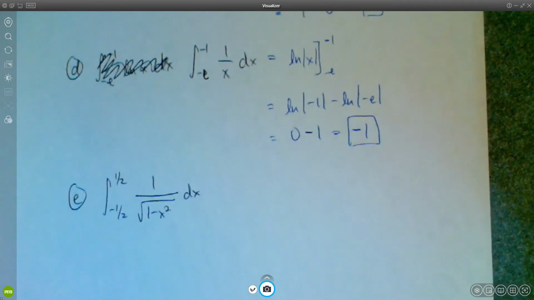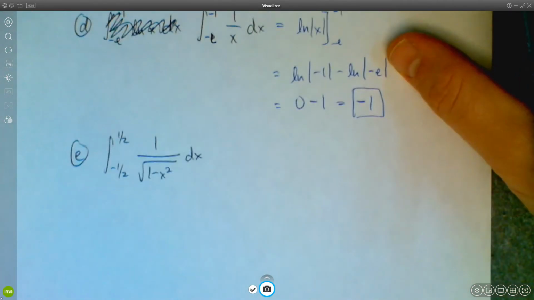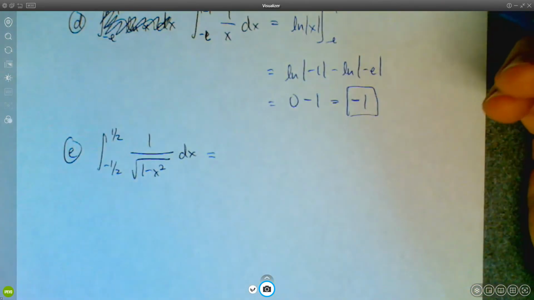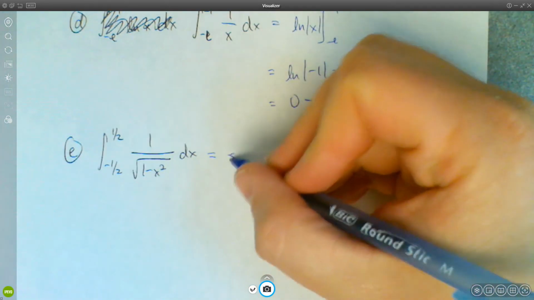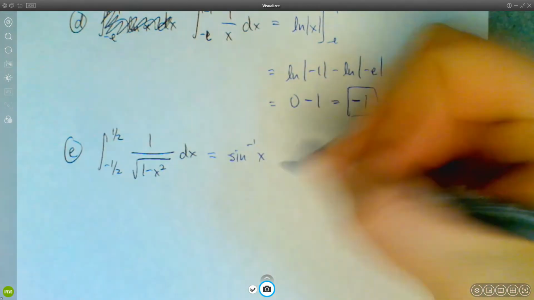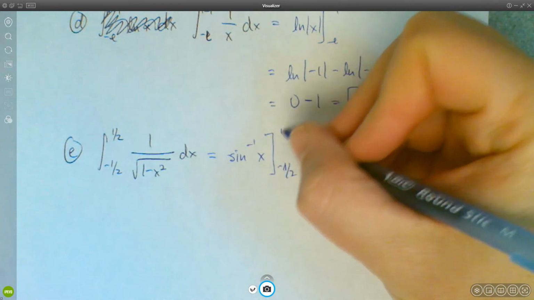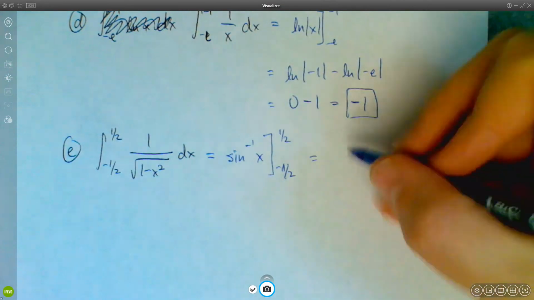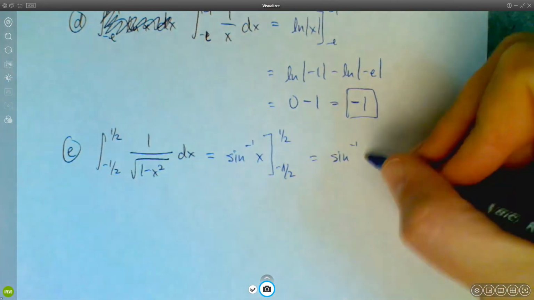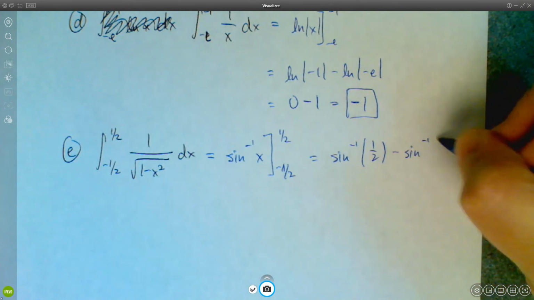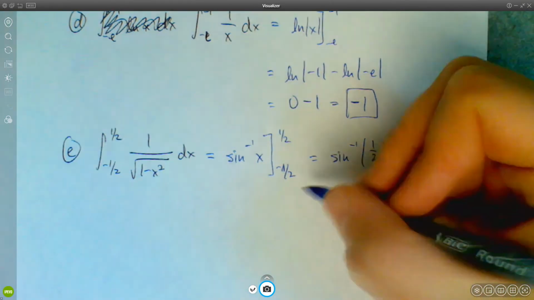Okay, here I go. I'm going to go ahead and solve it now. Antiderivative for this thing is sine inverse, right? This is sine inverse of x. And we're going to evaluate it from -1/2 to +1/2. So that's going to be sine inverse of 1/2 minus sine inverse of -1/2.